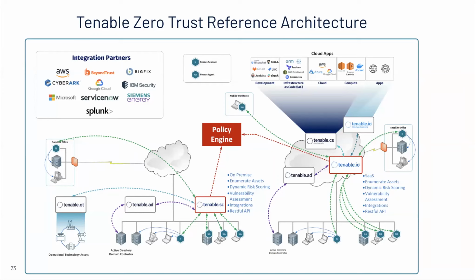So regardless of what it is in your network, whether it's identity with Tenable AD, whether it's operational infrastructure with Tenable OT, whether it's your cloud infrastructure, we take all this data and we give it to the policy engine so it can make that better decision.